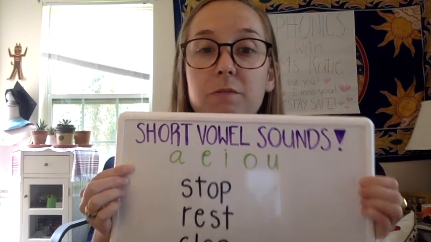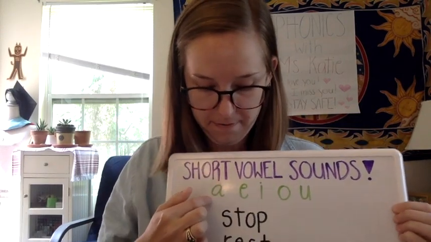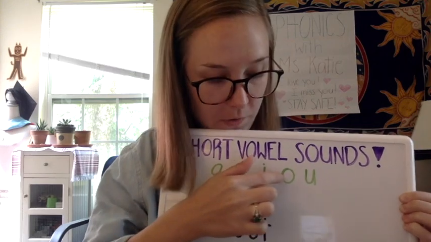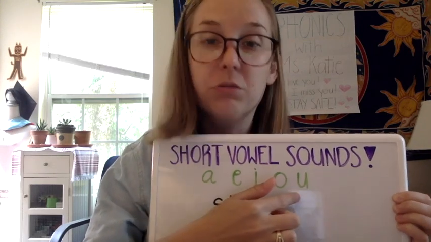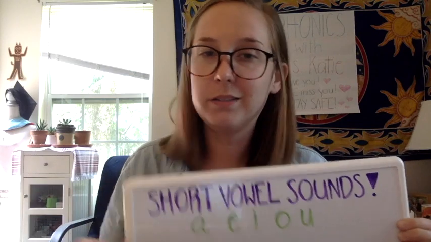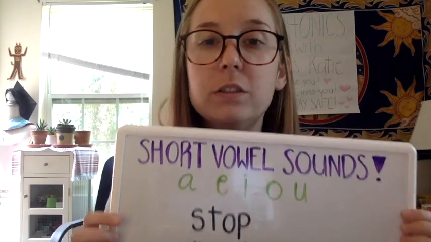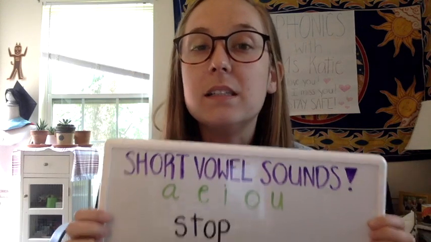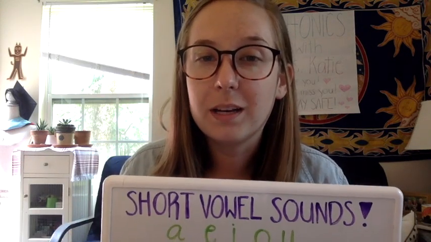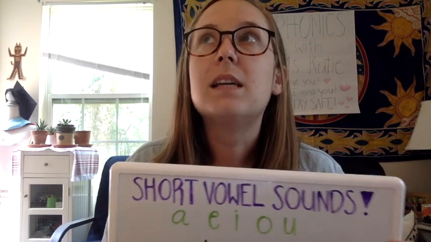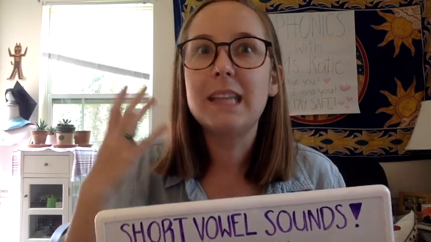So we know that our vowels are A, E, I, O, and U. And sometimes Y, but we're not going to worry about Y for this activity, okay? Sometimes if we have a vowel in a word, it can make a long vowel sound, which means that the letter is saying its name.